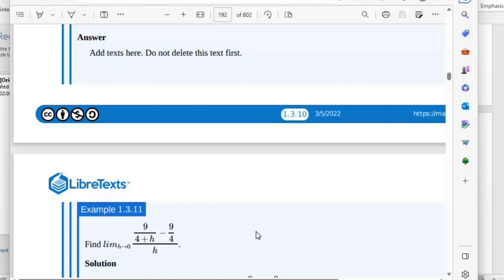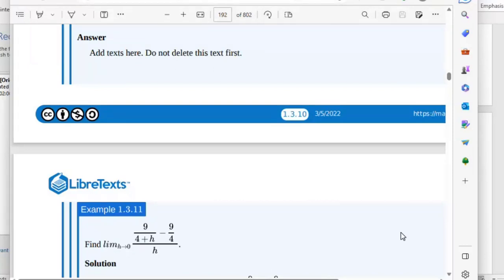Now, let me request you, with everybody having said that they understand, please evaluate the limit of 9/4 plus h minus 9/4 all over h. So we don't use first principle, right? First principle. Yes. Who's talking? Lebohang.